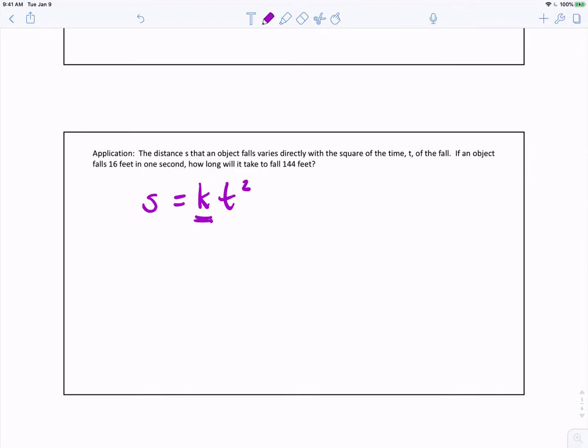Next, we're going to be given information to allow us to solve for k. If an object falls 16 feet, so that's the distance, in 1 second, so t is 1, so k times 1 squared, which is just 1, how long will it take to fall 144 feet? So now I know that 16 is equal to k.